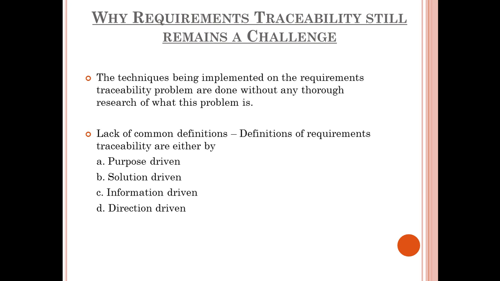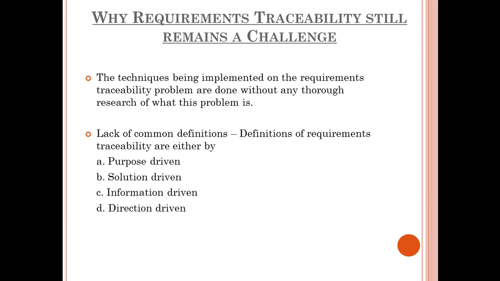And coming up, some of the other definitions are based upon information driven. Information driven generally deals with the ability to link between functions, data requirements, and any text in the statement of requirements that refer to them. And some of the other definitions are direction driven.